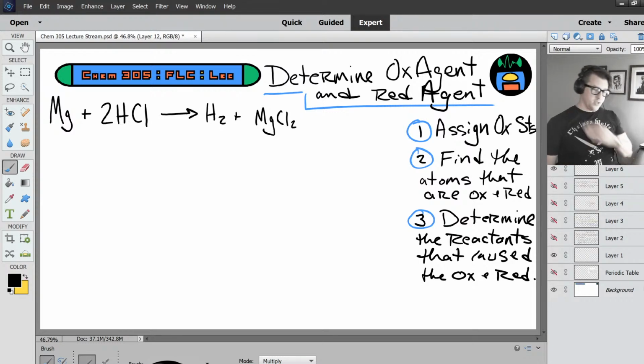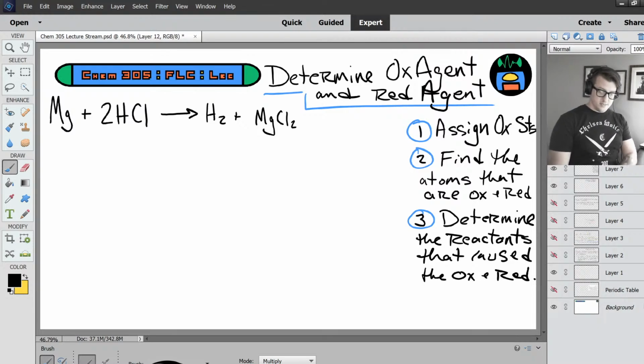So, step number one, we need to assign oxidation states for every species in this reaction. All right, so starting with magnesium. Magnesium metal has no charge, so it has an oxidation state of 0.